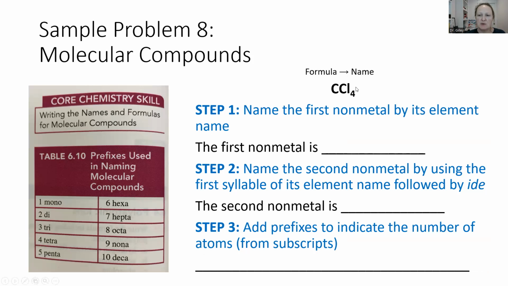And then using this subscript 4, we'll come over here and look up 4, right? We indicate that with the prefix tetra in front of the second nonmetal. Okay, so go ahead and pause it here. Try to do this one yourself. And then when you're ready, resume the video and we'll go over the answer.